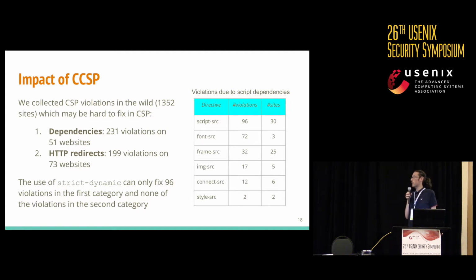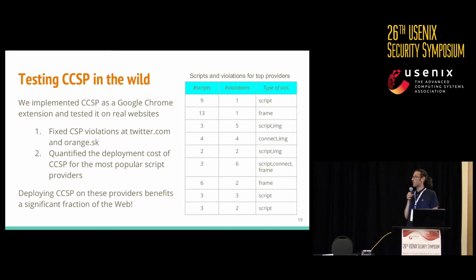But we also have a number of other cases like fonts, frames, images, etc., which are not supported by strict dynamic, and this must be explicitly whitelisted in the policy, which is something we naturally capture using CCSP. As to HTTP redirects, there is no support for this in CSP level 3. And again, you can find there is a bunch of these violations in the wild, and these violations are difficult to fix in CSP, but not in our proposal.